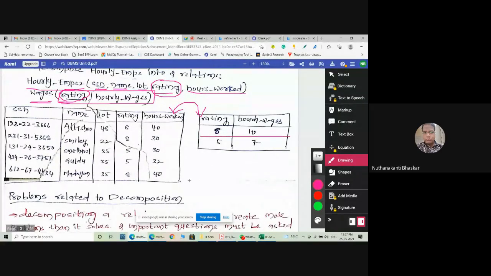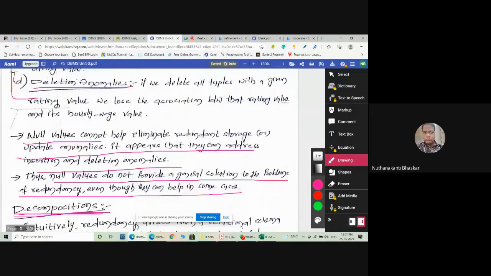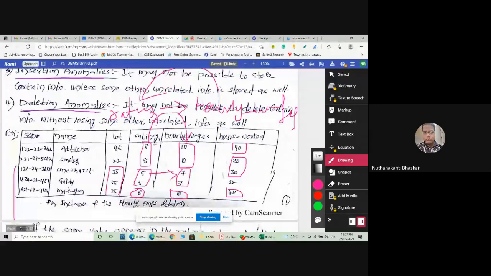When you want to know the hourly wage of an employee, we join these two tables on rating. Then if the rating is 8, it automatically shows 10. Here, earlier, you had to write rating 3 times as 8 and 2 times as 5, and the hourly wage also 3 times 10 and 2 times 7.